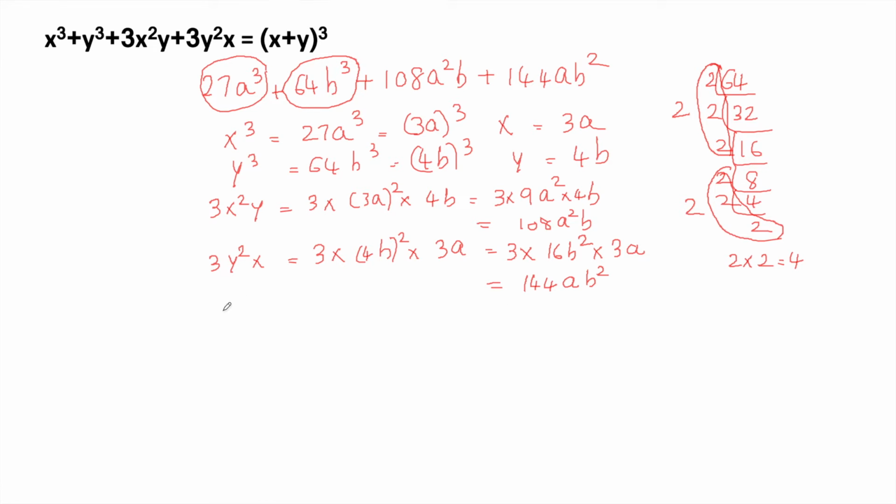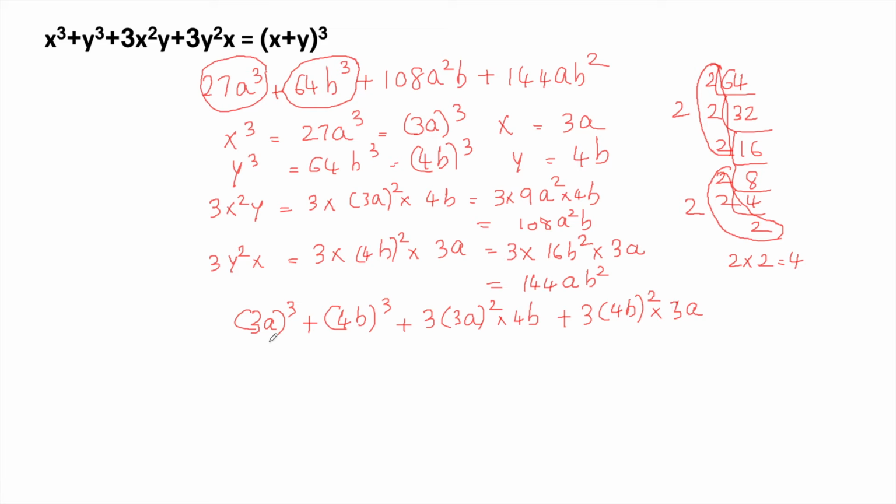Now 144ab square is in the form of 3a the whole cube plus 4b the whole cube plus 3 into 3a the whole square into 4b plus 3 into 4b the whole square into 3a.